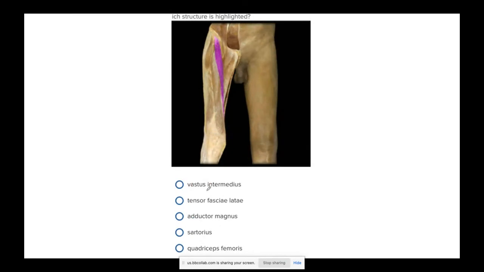Here is the longest muscle in the body. Remember, your TFL is here. Gracilis is here. Pectineus is here. Adductor is here. So this is your sartorius, longest muscle in the body. It goes from the anterior superior iliac spine, and it goes right to the inside of the knee.